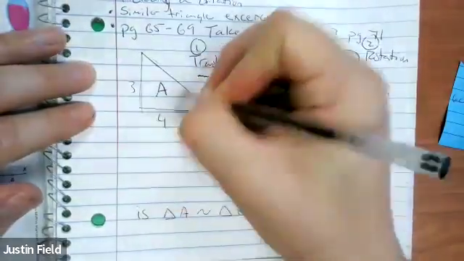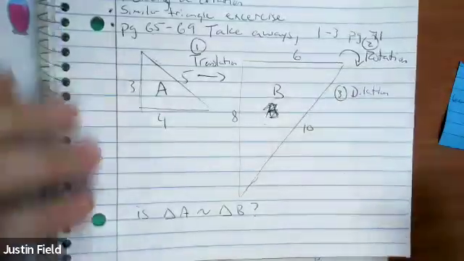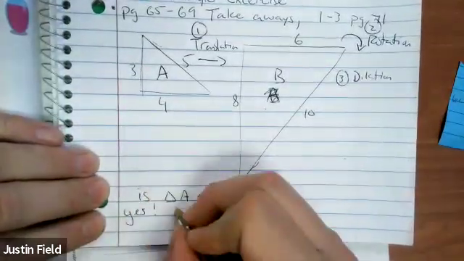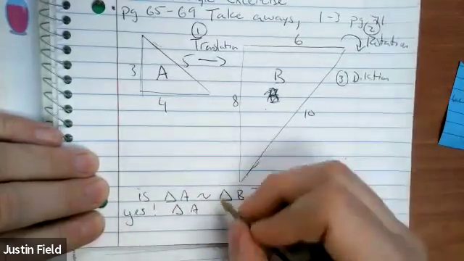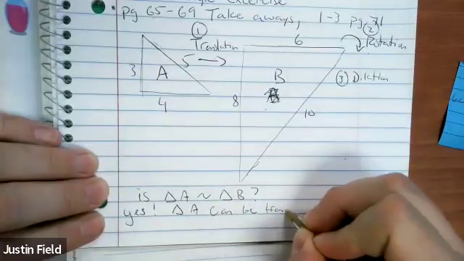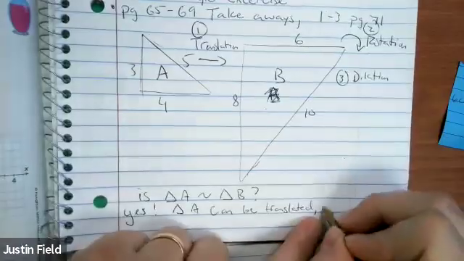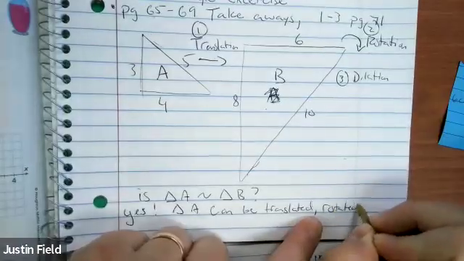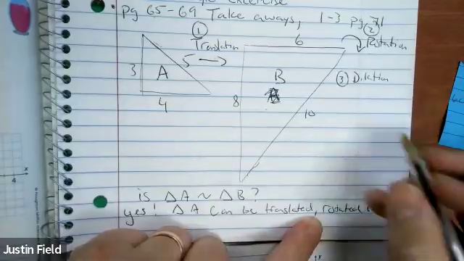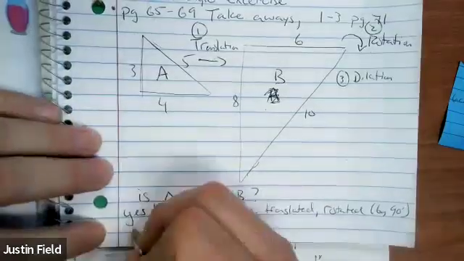This is a 3, 4, 5, and this is a 6, 8, 10. So we can say, yes, triangle A can be translated, rotated by 90 degrees, right? Yeah, clockwise, I think, right?